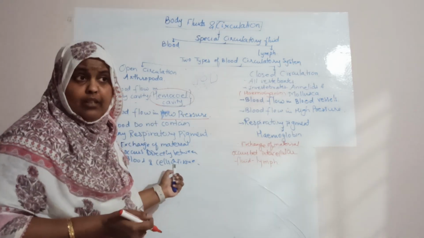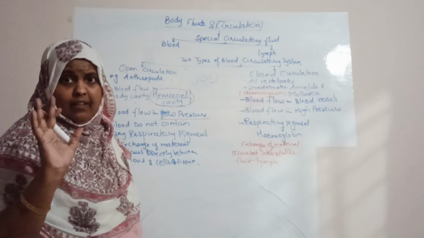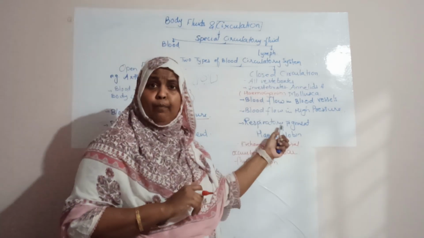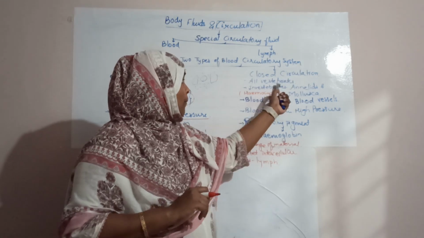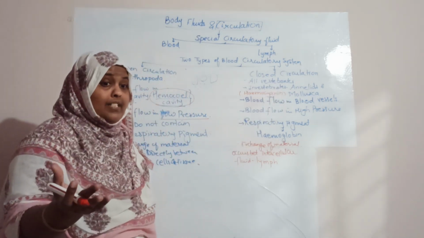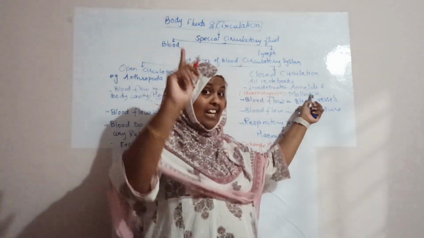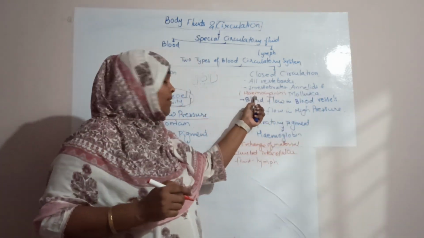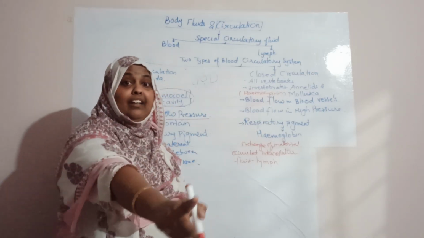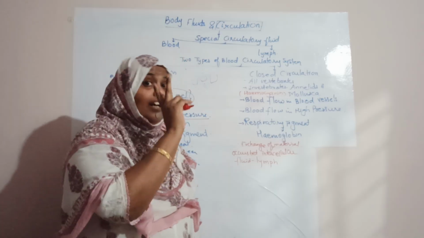In the case of the open circulatory system, the blood does not contain any respiratory pigment. But in the closed circulatory system, a respiratory pigment is present. In vertebrates, meaning our body, the pigment is hemoglobin. In mollusca, the pigment is hemocyanin, a copper-containing pigment.